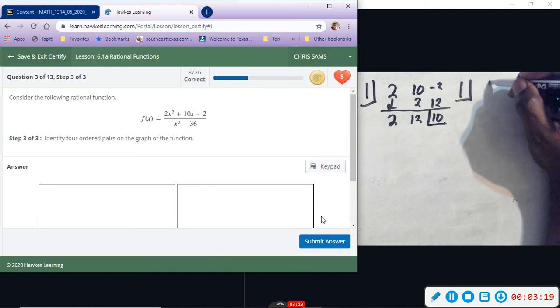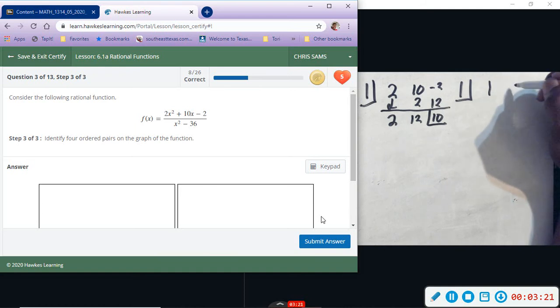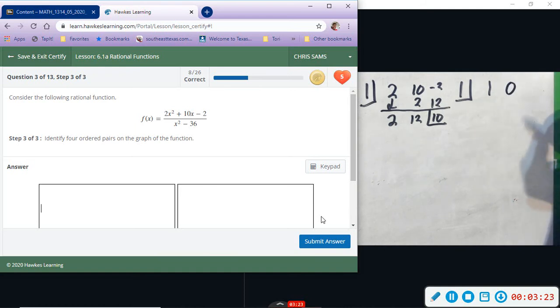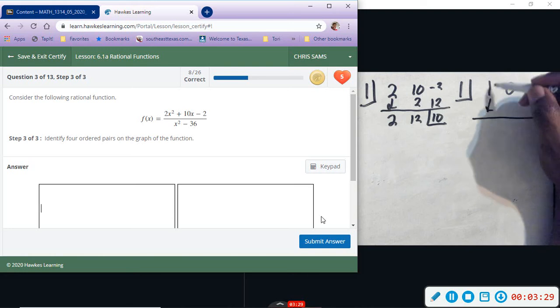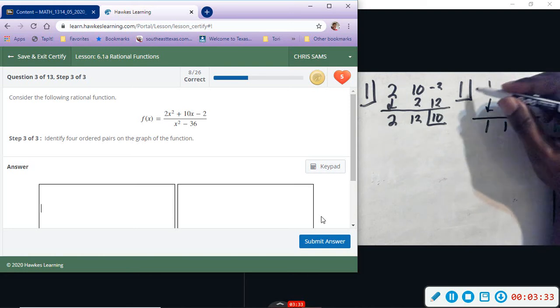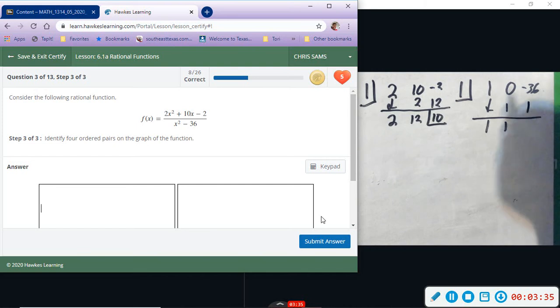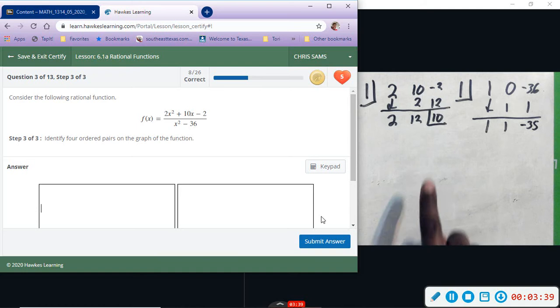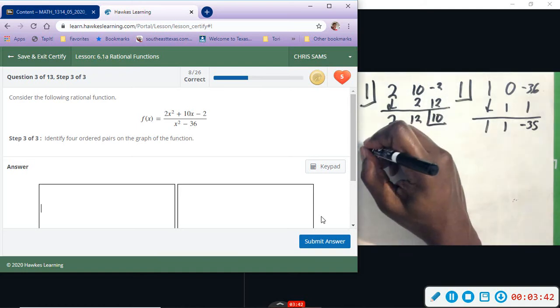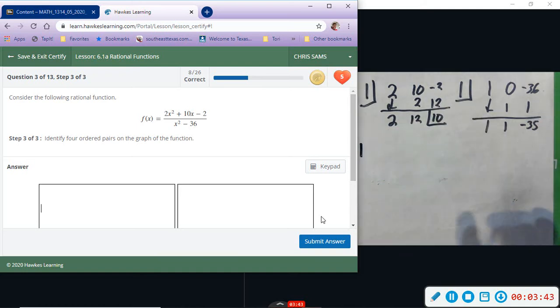Okay, so we get a 10 for our numerator, and then on the bottom we have x squared, which is a 1. We're missing the middle term, so we have to put that 0 as a placeholder, and then negative 36. Alright, so drop the 1. 1 times 1 is 1. Add, we get 1. 1 times 1 again is 1. And then here we get a negative 35. Okay, so what we get when x is 1, we get 10 and negative 35.